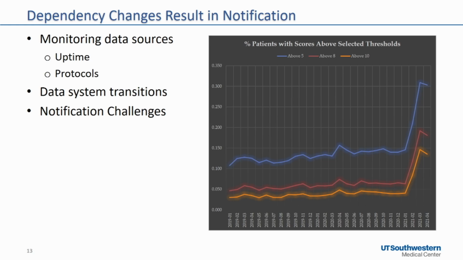This is kind of a big goof on our part. We found out that the component IDs changed for the labs when we transitioned to Epic Beaker, and once we updated those, all of a sudden our prediction scores bounced to higher scores. They're distributed fairly similarly, so it looks like a lot of people are getting these scores, but they weren't appropriately scored. So this is definitely a dependency issue on other information systems when you're using ML in production.